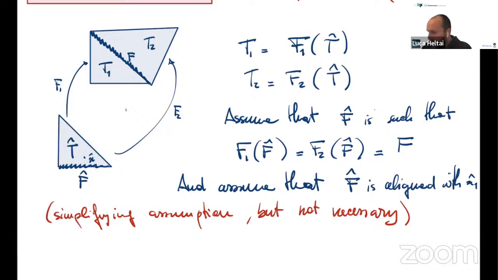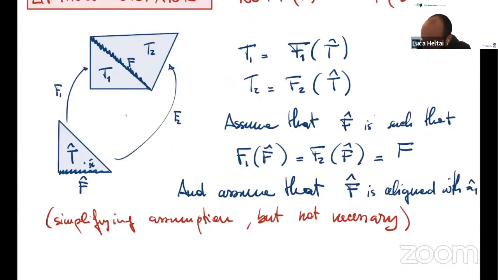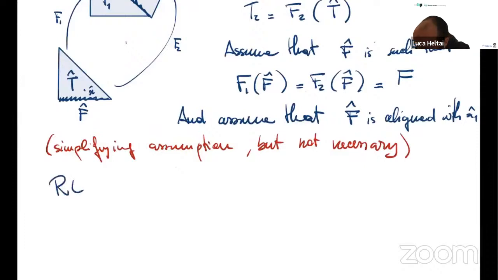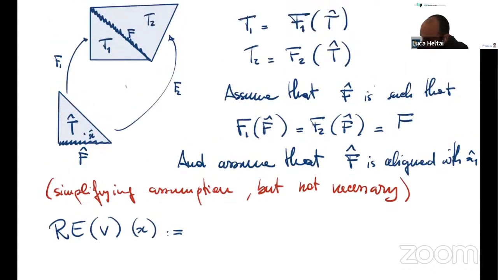This is true. Then what I want to say here is that the lifting of a function v evaluated at the point x is defined as follows. So what's the operation that I want to do? I take any point which is in here. So this is x, and from x, I go to x hat through F1 to the minus 1.